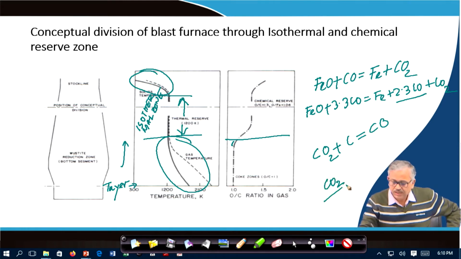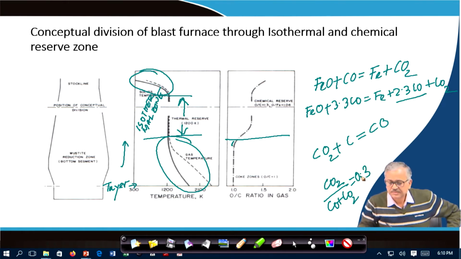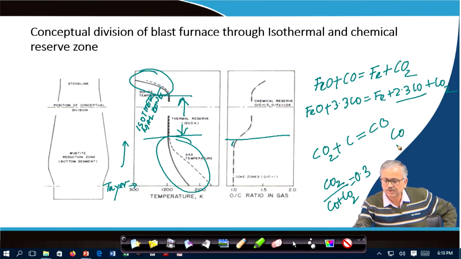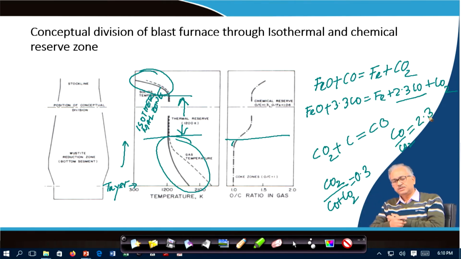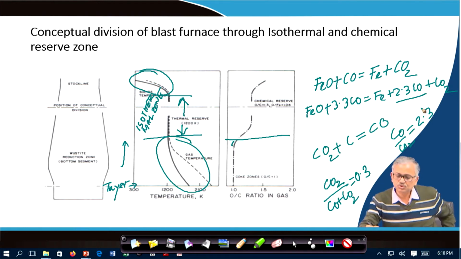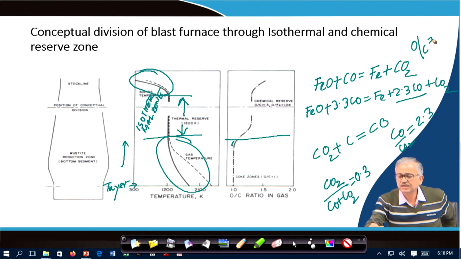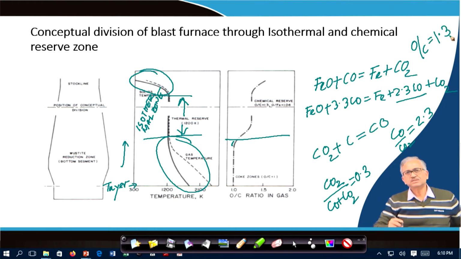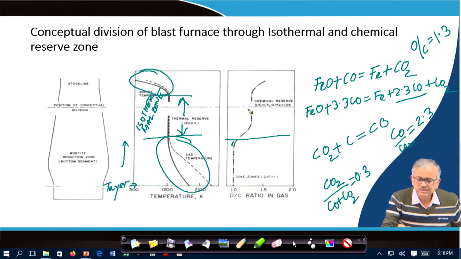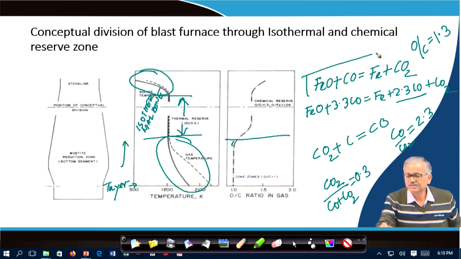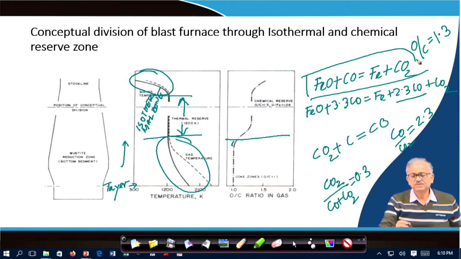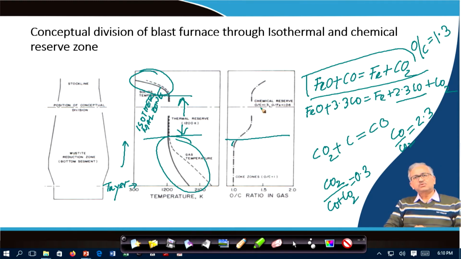So, CO2 by (CO plus CO2) is only 0.3 for this reaction, and this corresponds to a CO by CO2 ratio of 2.3. From this you can calculate the O by C, and you can simply see that O by C will be 1.3. So, this O by C equal to 1.3 represents the equilibrium.